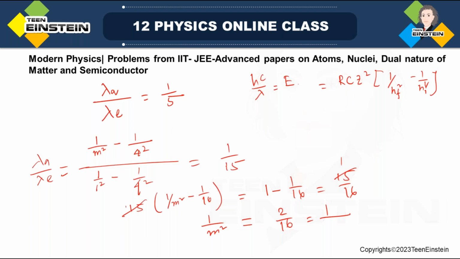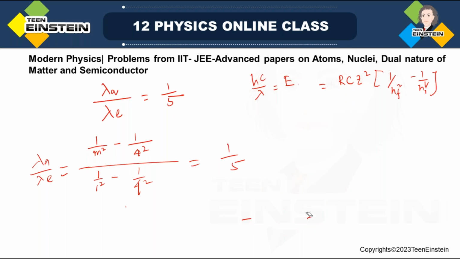Oh, what? This is not 15. This is 5, I'm sorry. Okay, I think I'll just redo the calculation part. So this is 5 into 1 over m square minus 1 over 16 is equal to 15 by 16.